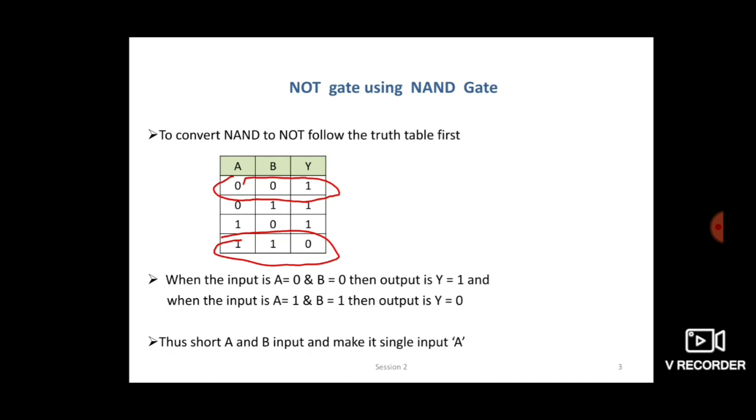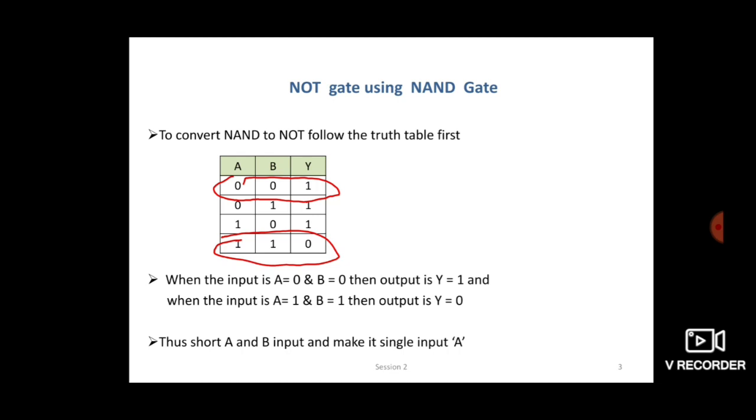So we can make NOT gate by using NAND gate, because what is the truth table of NOT gate? If you have a single input for NOT gate, if 0 is passed, output is 1, and if 1 is passed, output is 0.